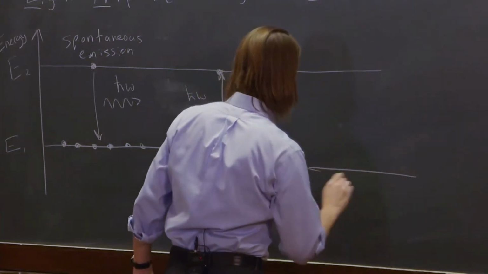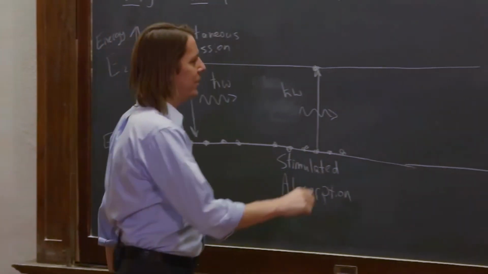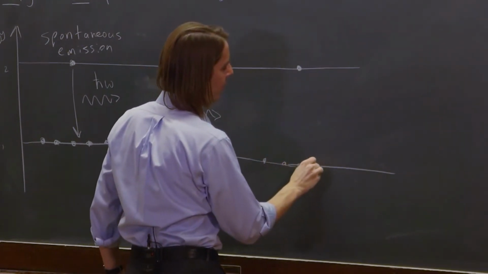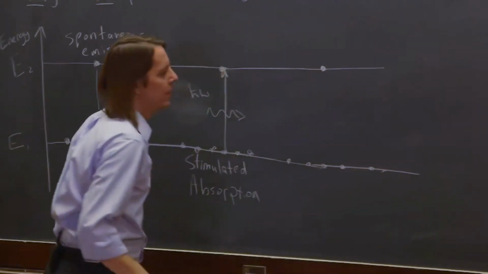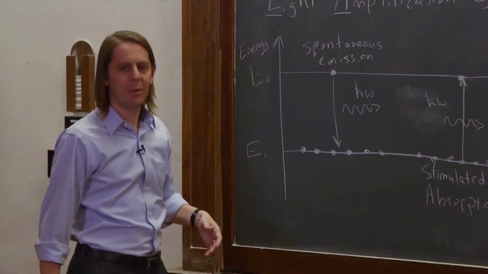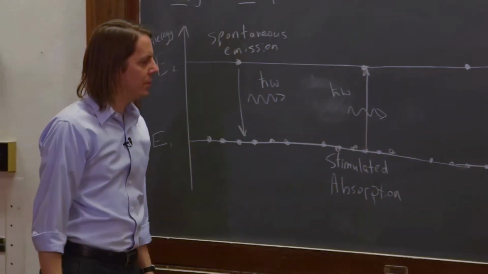Actually, stimulated emission is sort of the weird case. Say you have one sitting up here and a bunch sitting down here. And we said you can have spontaneous emission. There's some probability that will happen. There's some rate depending on how many there are, how long you wait for one to go down.